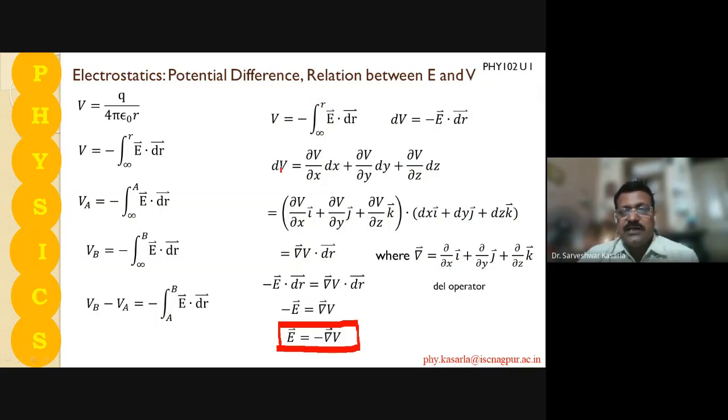We just write dV in terms of differentials, expressing it as a dot product of two vectors, and if you use the del operator instead, then you will get the expression. So these are the steps to be remembered.